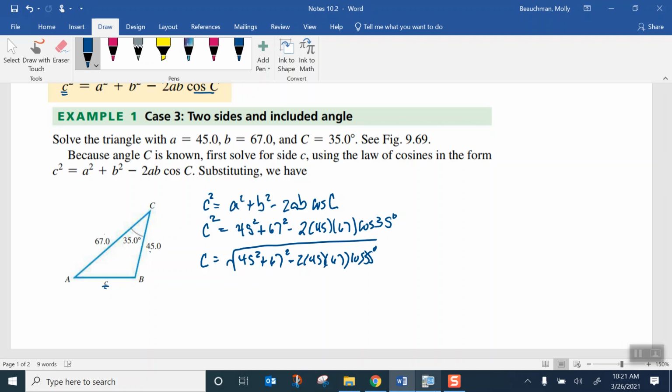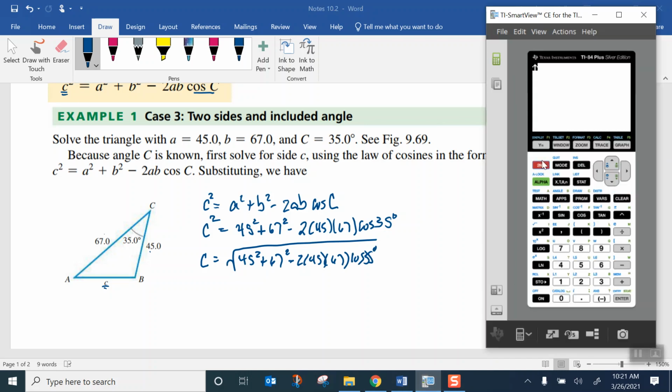So in the calculator, side length c is going to equal the big square root of 45 squared plus 67 squared minus 2 times 45 times 67 times the cosine of angle C, which is 35 degrees. Make sure that your calculator is in degrees. And I end up with 39.68 as the side length for c.